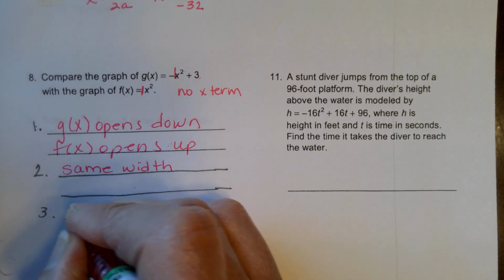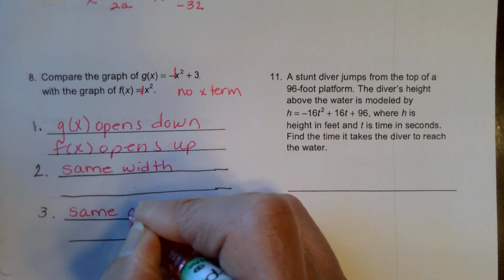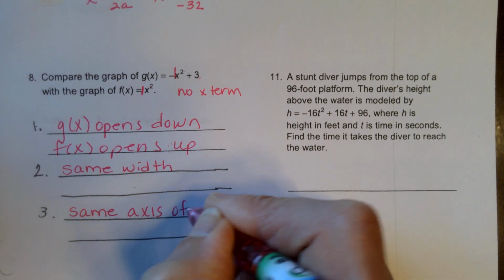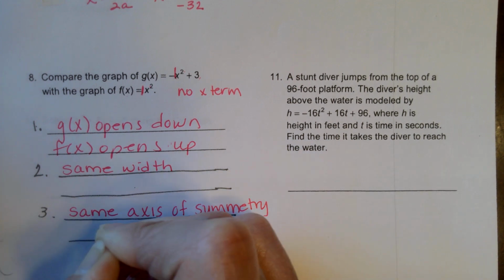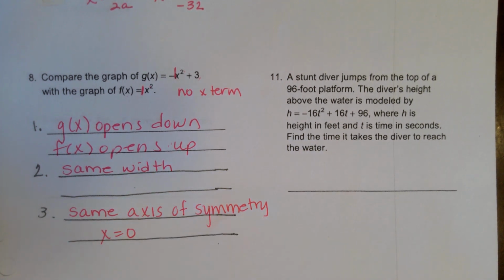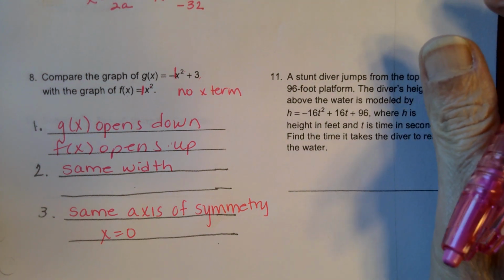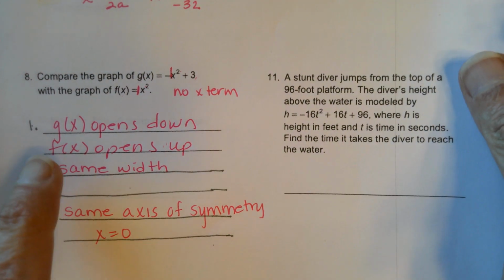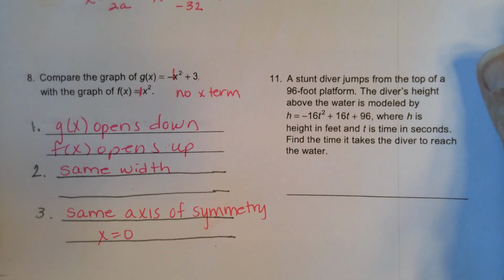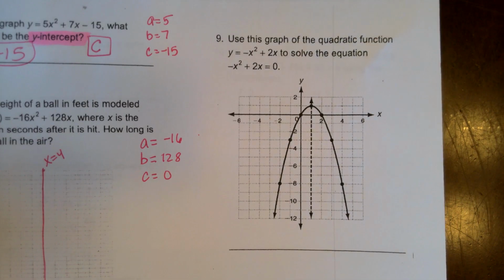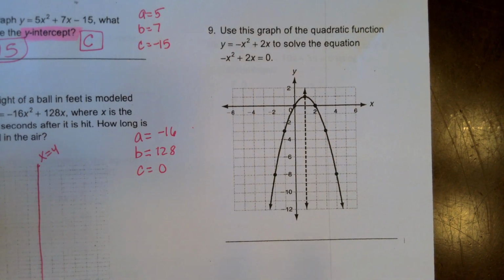So we can just say, since there's no x term in either, we have the same axis of symmetry, which is x equals 0. Or if they were different, you could get the axis of symmetry and just tell me what they were. So you're just telling me something about both. When you're referring here up and down, the width, the axis of symmetry, you could tell me the vertex of both. Something about both.